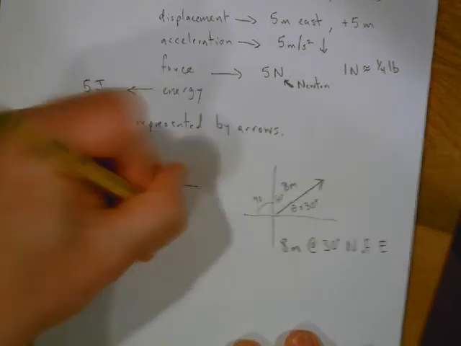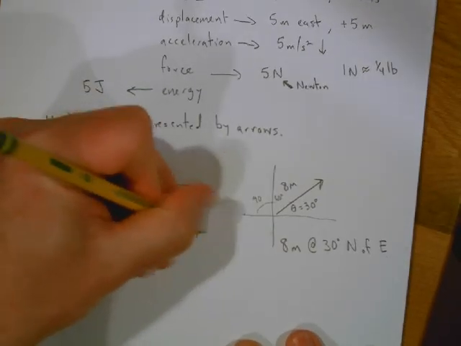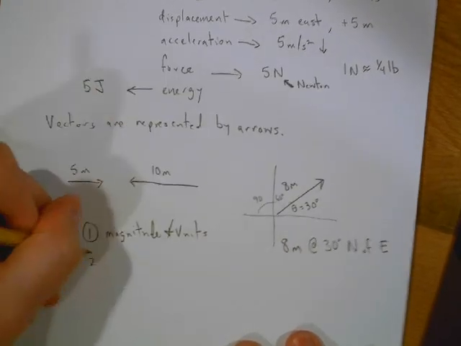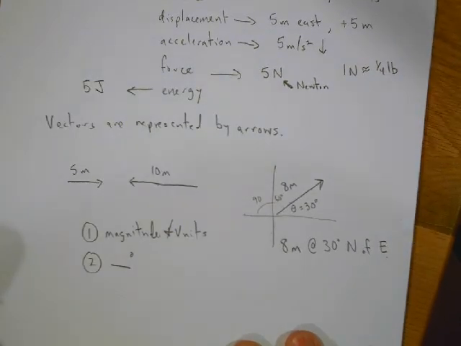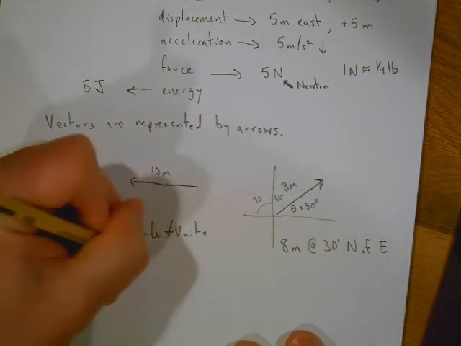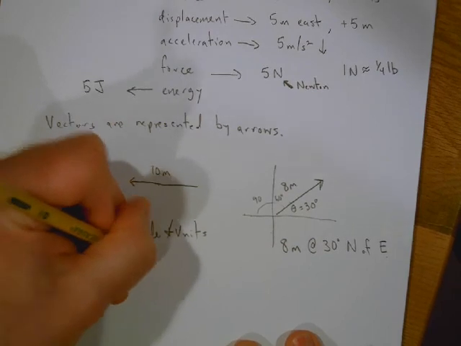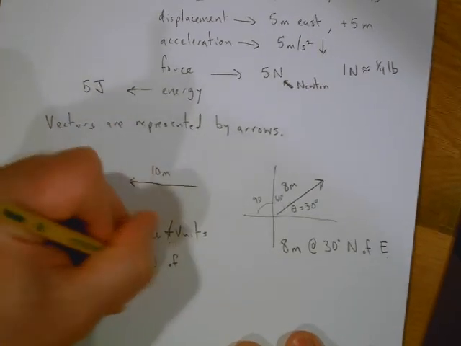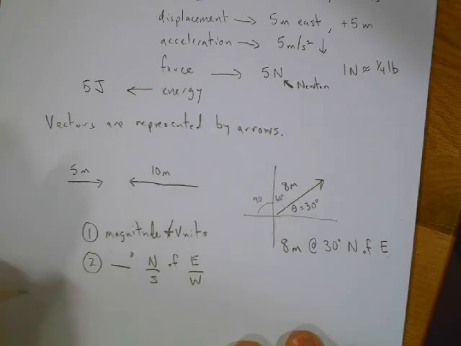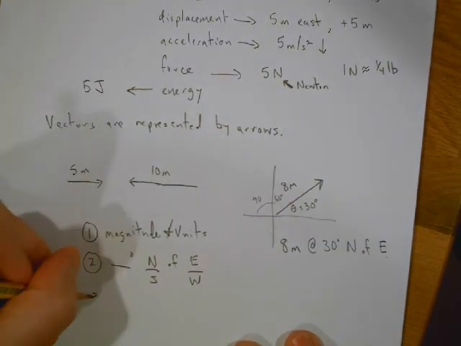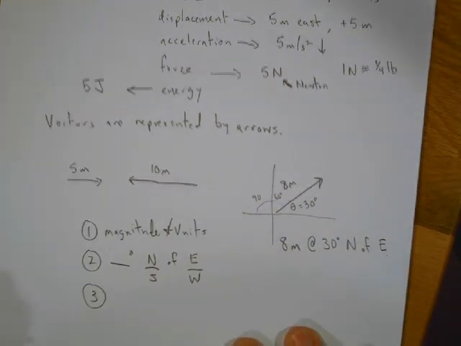So when we're naming vectors, we're always going to have 3 parts. Okay, it's going to be the magnitude and the units, the angle, okay, and then it's always going to be north or south of east or west. We're always going to do it that way.